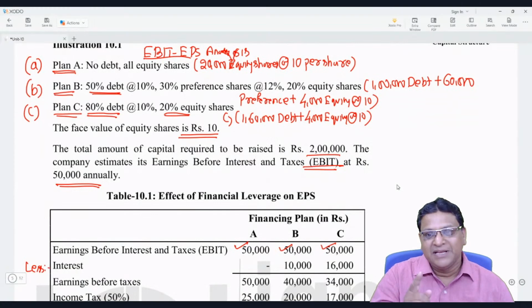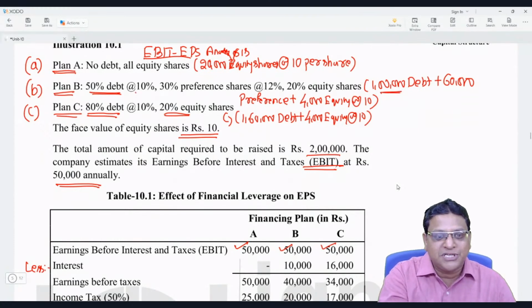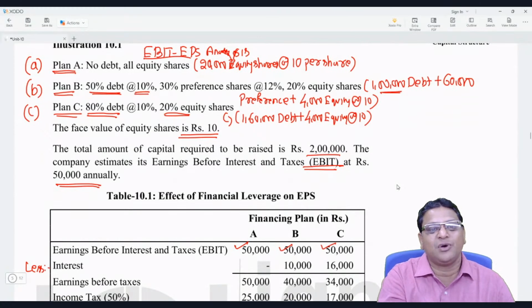In plan B, you use debt capital. How much? 1 lakh debt. At how many percent have you taken the debt? It is given in the question as 10%. So 1 lakh at 10%, the interest is 10,000.